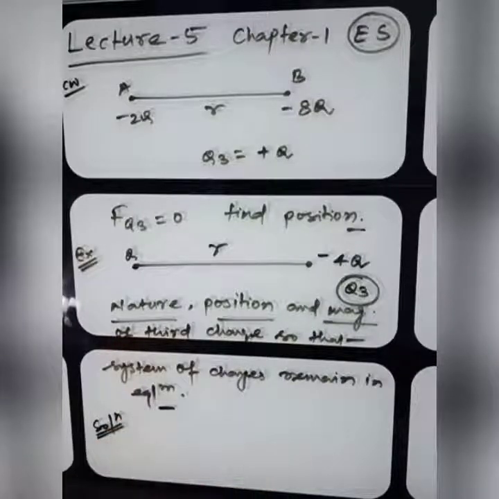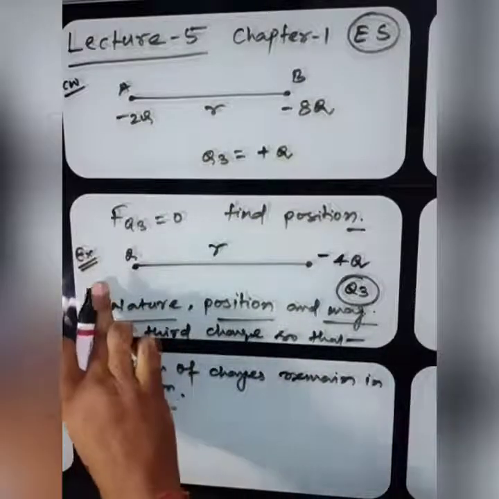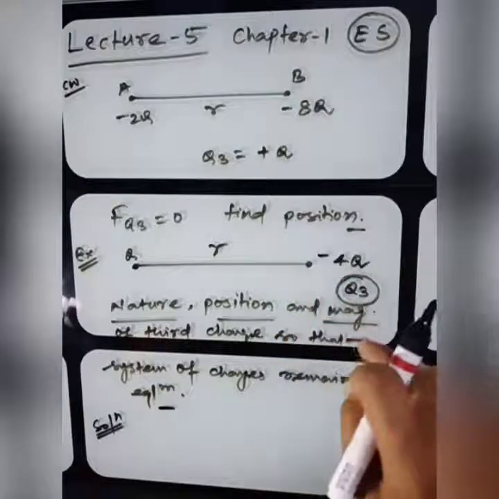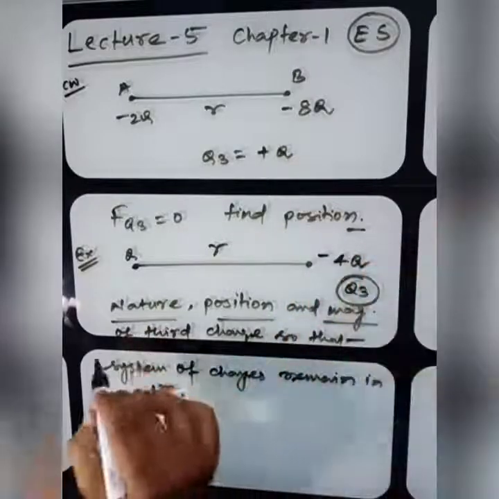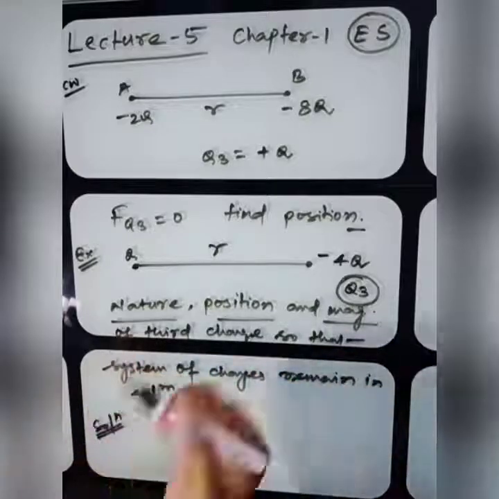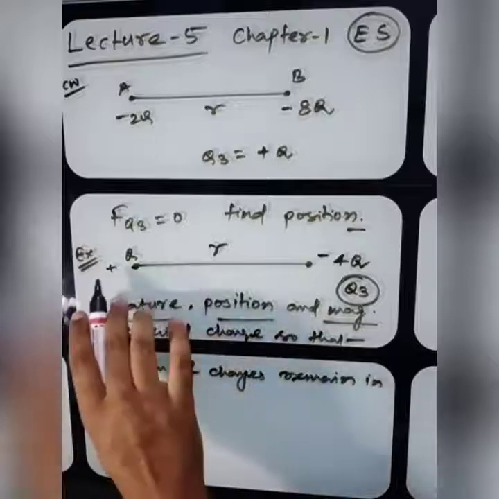First, we'll try to find out the nature of the charge. Where should this third charge be and what should be the nature of this charge? Okay, one by one, we are having three positions: outside Q, beyond this Q, between Q and 4Q, and beyond minus 4Q. First, we put Q3 here and suppose it is positive.